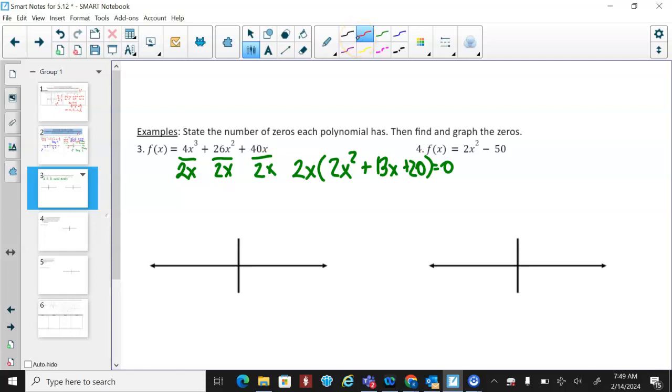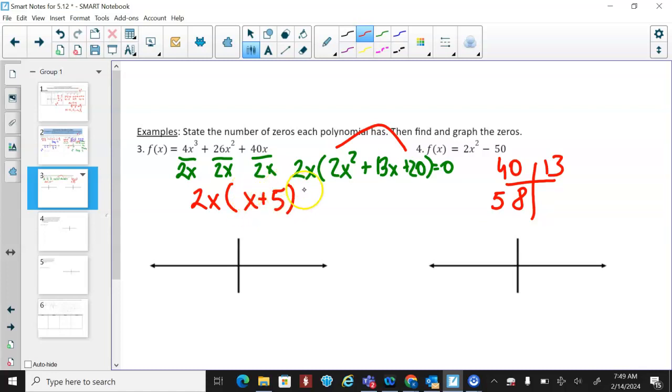I can do the a times c method and find 2 factors that multiply to 40 and add to 13. That will be 5 and 8. Now I can change that. The 2x still stays outside, we're not going to let it disappear. And now I'm going to have x plus 5 and x plus 8 on the inside.